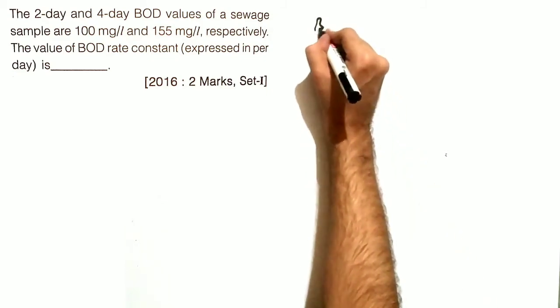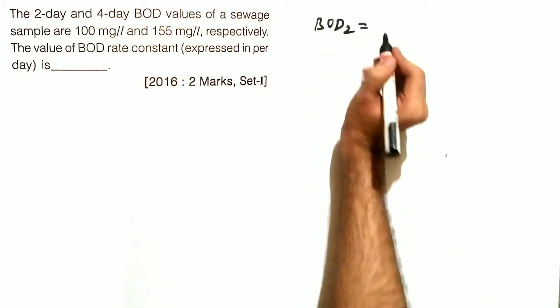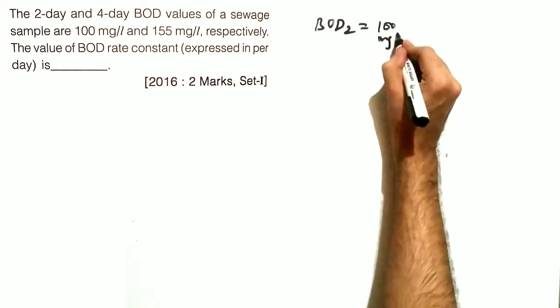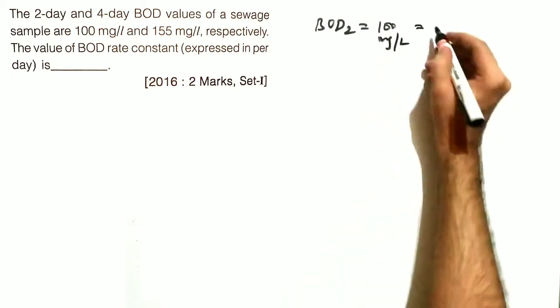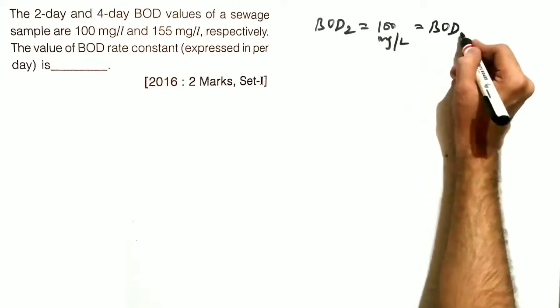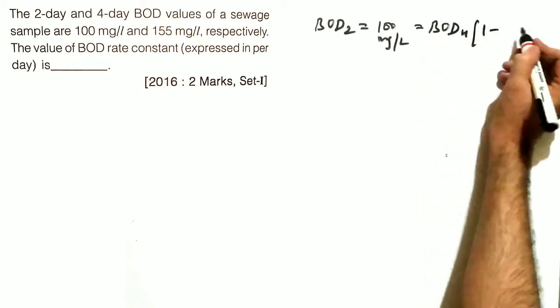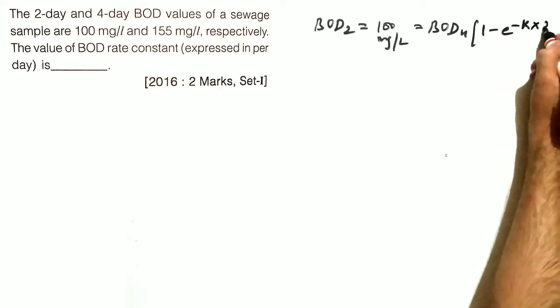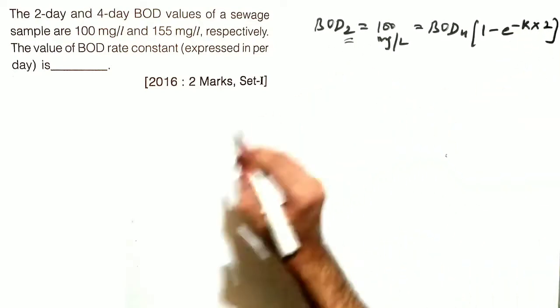So the next question says that the 2-day and 4-day BOD values of a sewage sample are 100 milligram per liter and 155 milligram per liter. You have to calculate the value of BOD rate constant. So simple, BOD 2 is given as 100 milligram per liter, and you know the formula of BOD T is equal to BOD ultimate into 1 minus e to the power minus K times 2, since it is corresponding to 2 days.